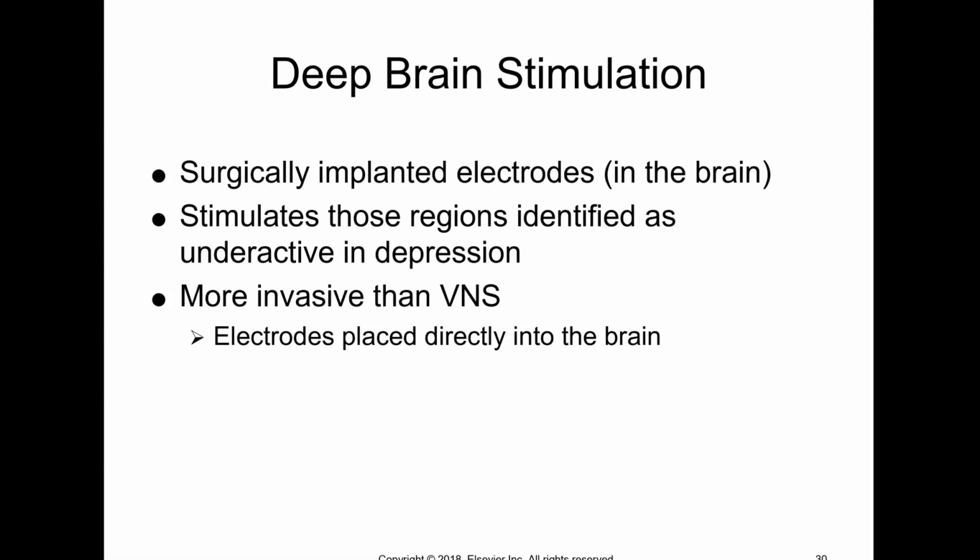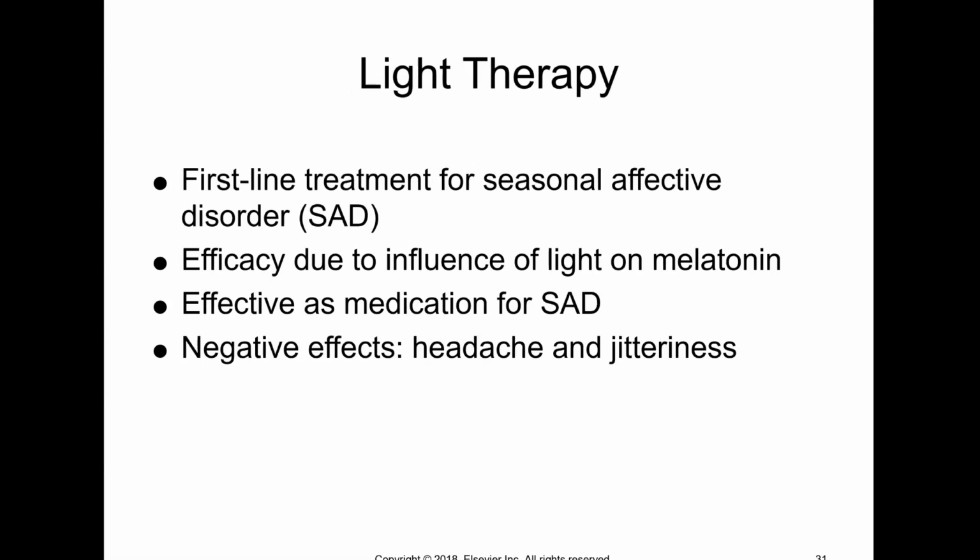DBS, more invasive than VNS because the electrodes are going directly into the brain, stimulating regions that they consider to be underactive. And again, this is the most invasive of the different types of therapies. Light therapy, again, really well tolerated, positive for many people that live in the Northern Hemisphere, may cause some headache or jitteriness.